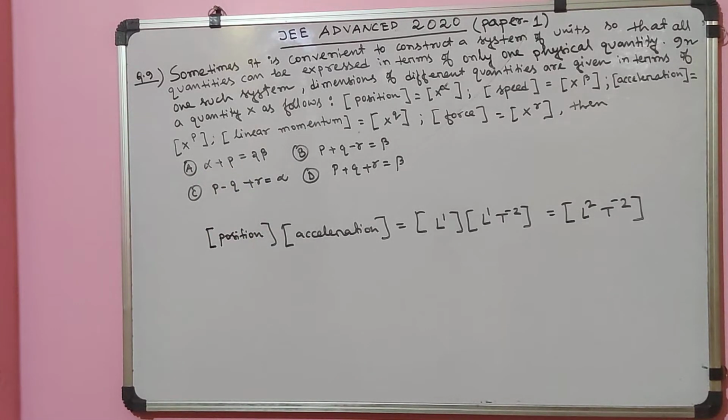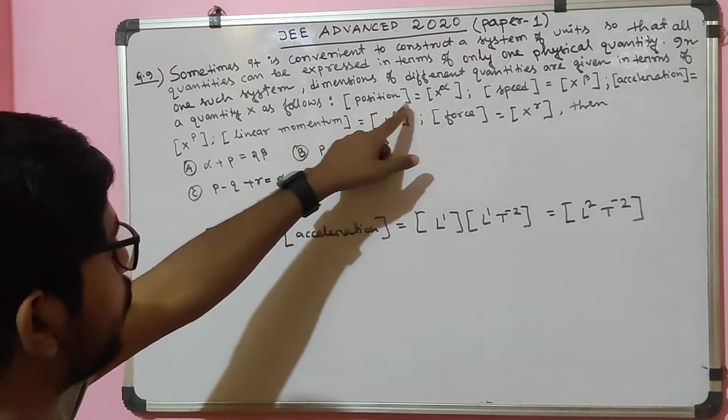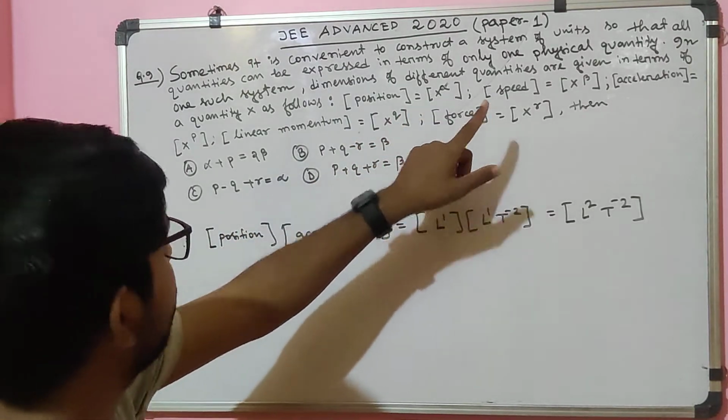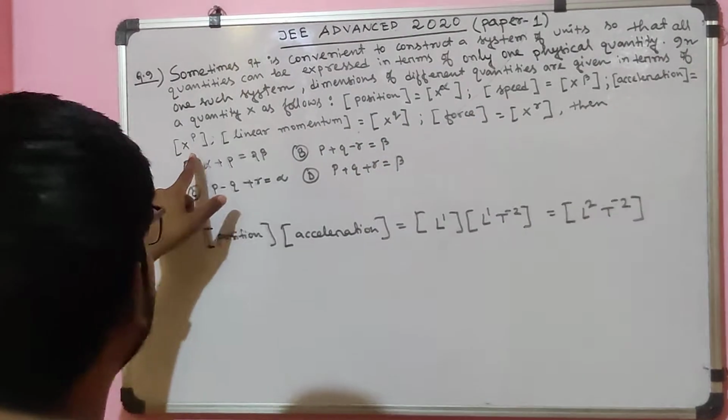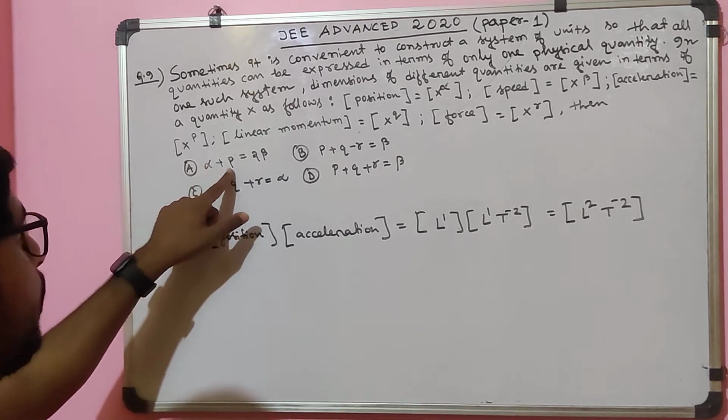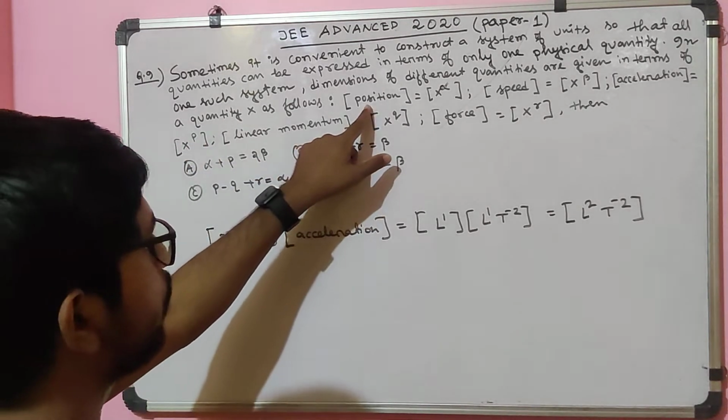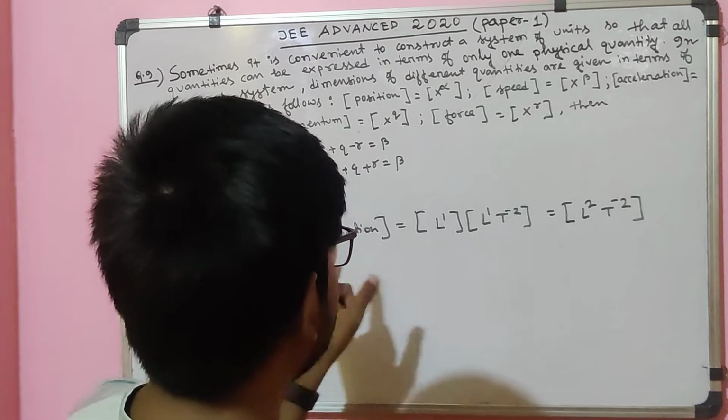We have position as x to the power alpha and acceleration as x to the power p, so we will multiply the dimension of position with the dimension of acceleration.